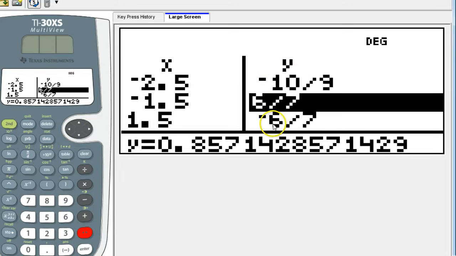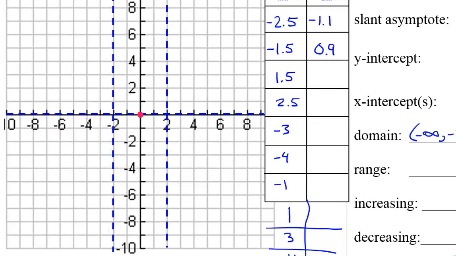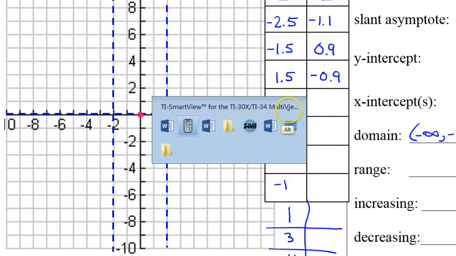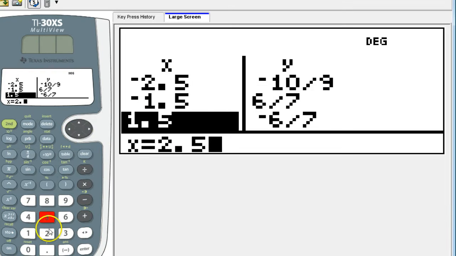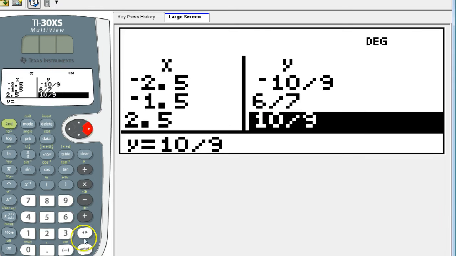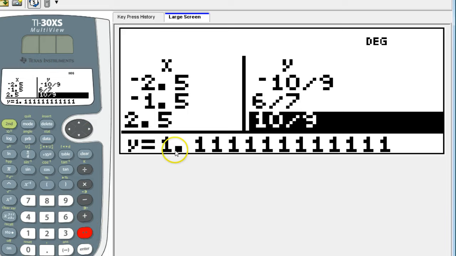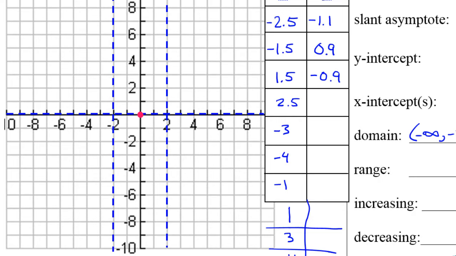And that's positive. That means this next one is negative 0.9. What about 2.5? That's the only decimal I'm missing, so 2.5. That's 10 over 9. We already saw what that was, but this time it's a positive 1.1. So there, I've got all those decimals.